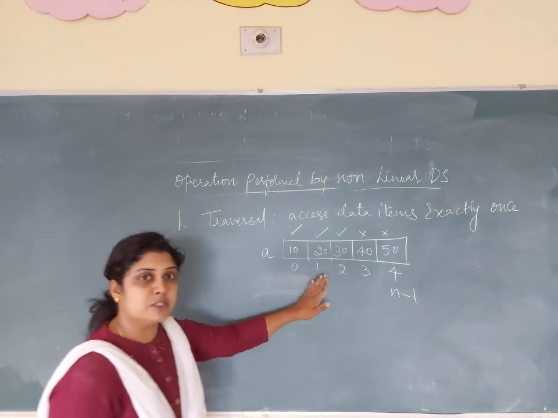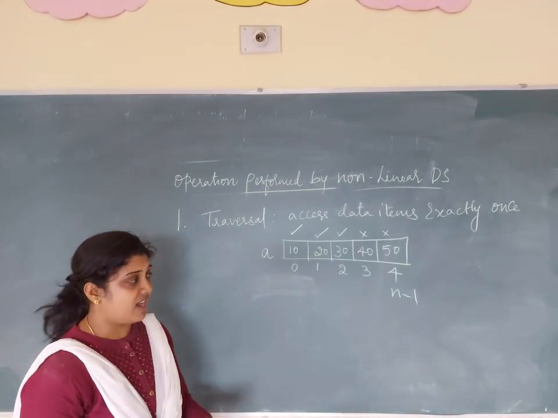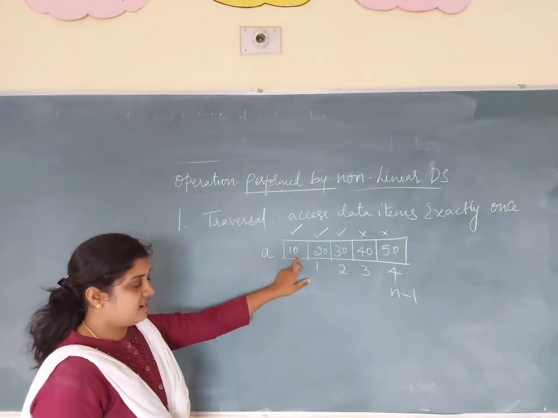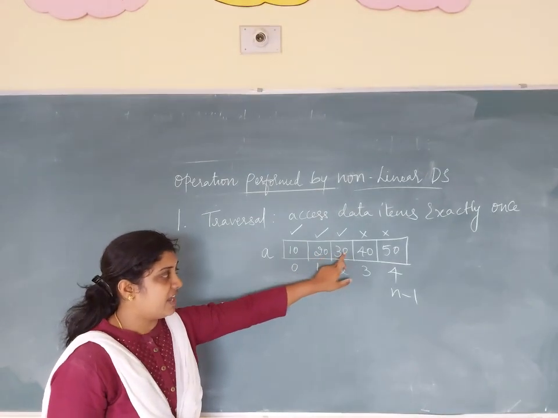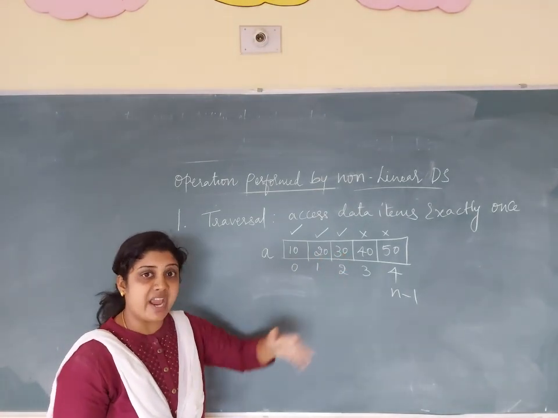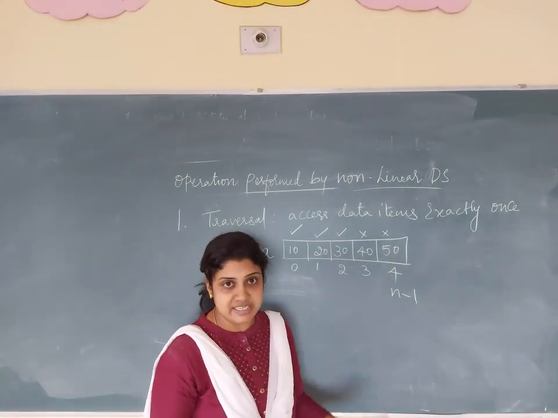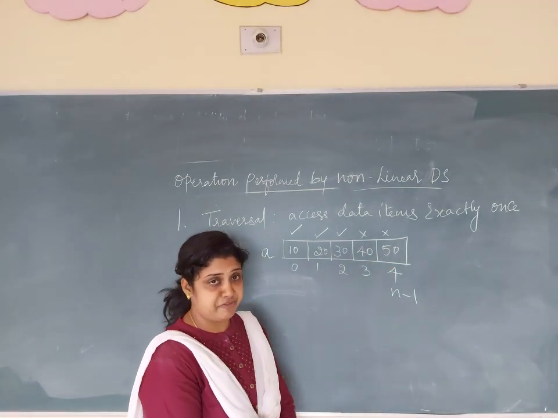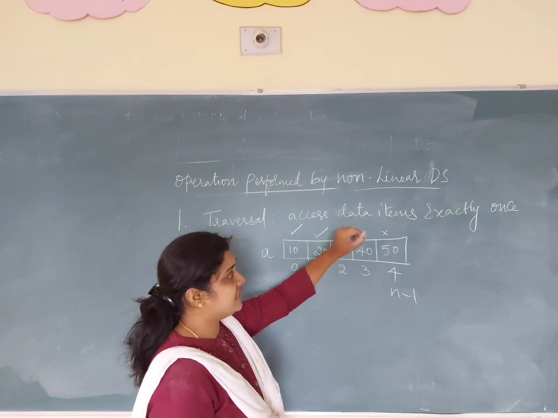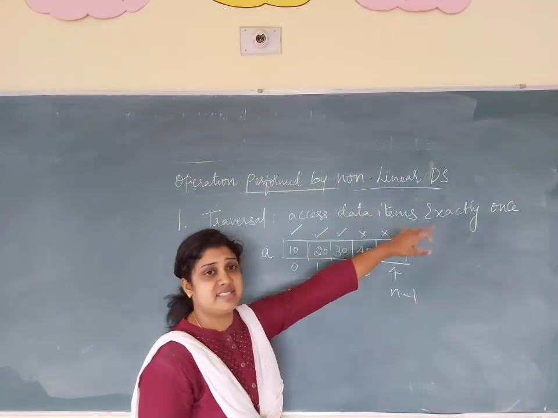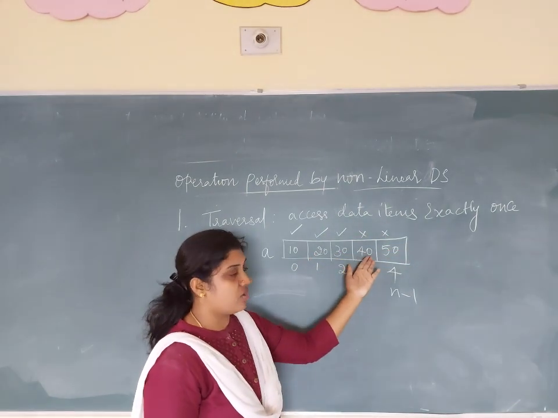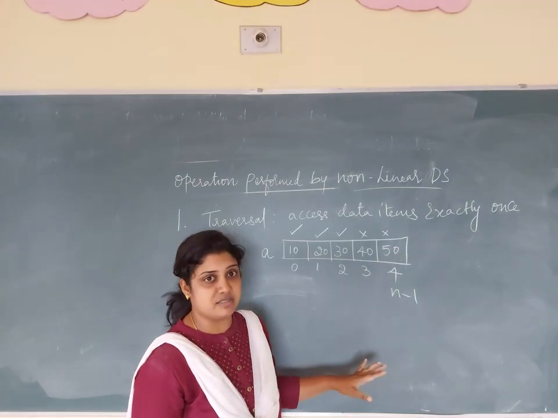So this is not a traversal, because I have visited 10, 20, 30, but I didn't reach 40 and 50. The definition says you access each data item exactly once, but I didn't access 40 and 50.